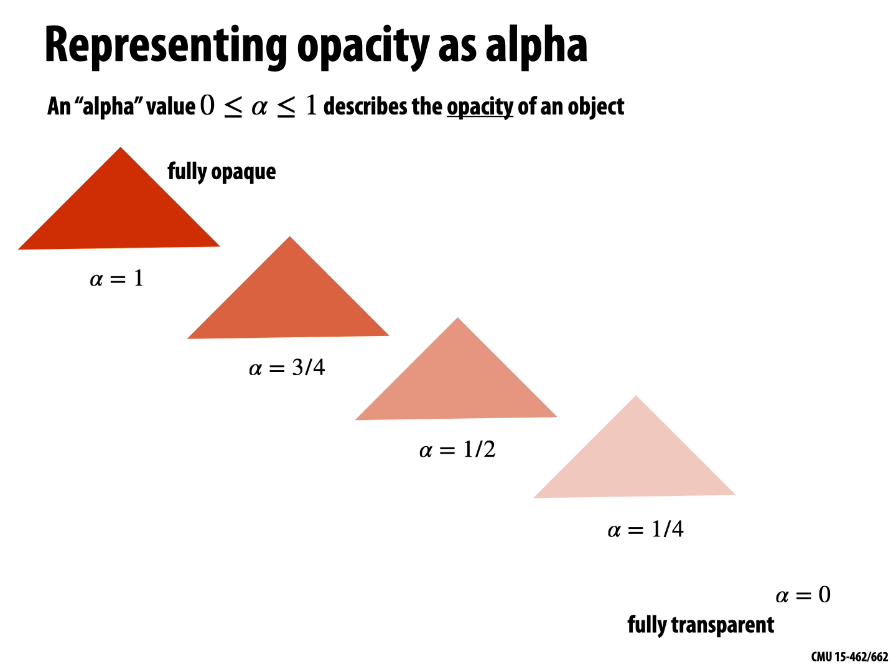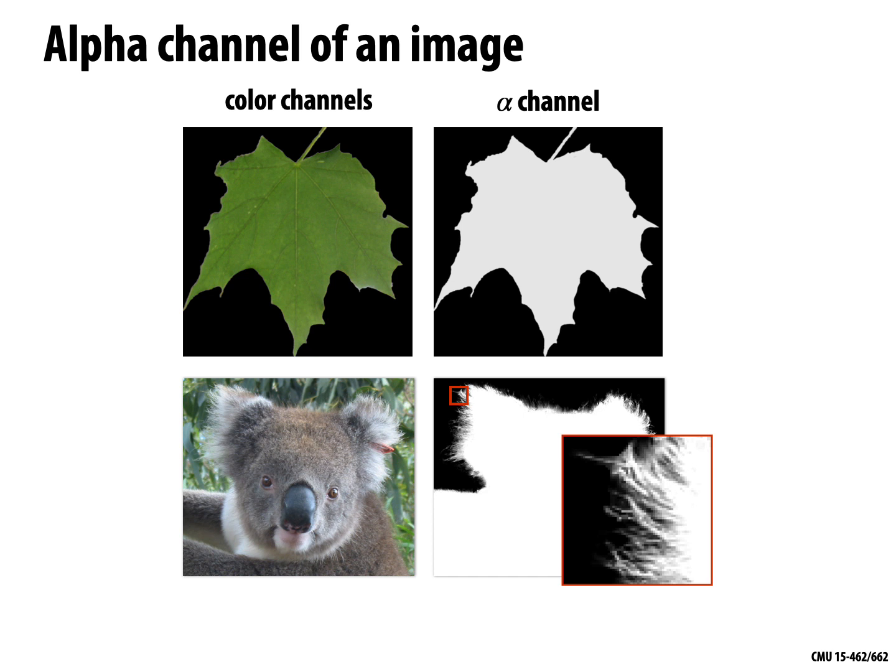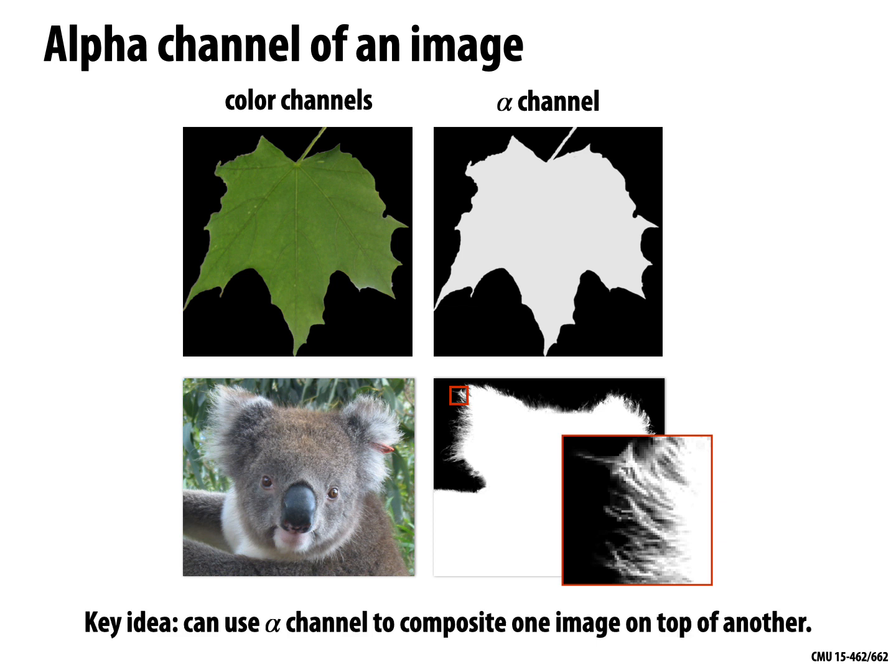Rather than just having a single alpha value for the whole object, you could also have a single alpha value for each pixel in an image. So this is something you might want to do if you're trying to composite one image on top of another. You have a leaf or this picture of a koala bear and you don't care about the background, you want to specify what's in the foreground.